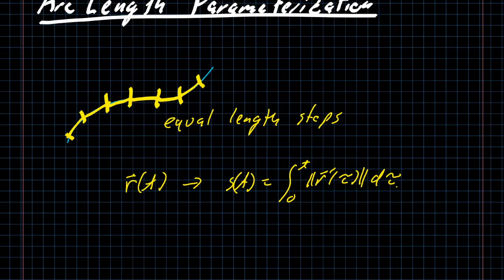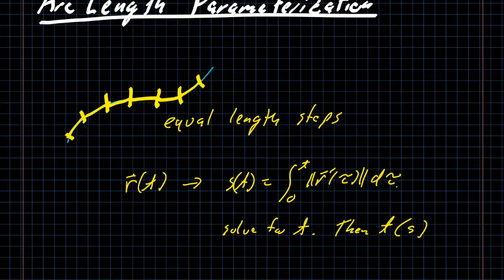If it so happens that you can solve that equation for t, then instead of having s as a function of t, you have t as a function of s.